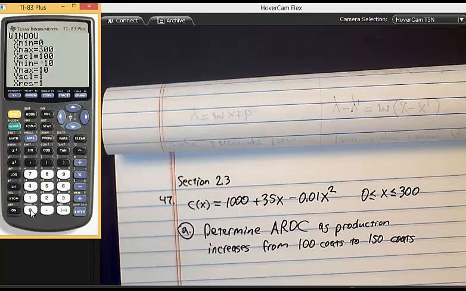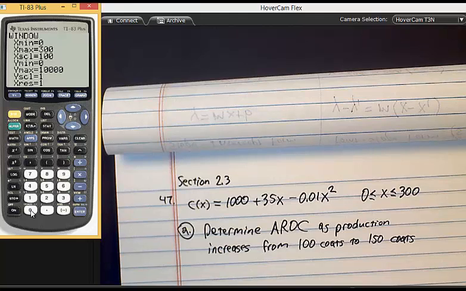Well, I'm going to put down 0 for Y-min, even though I know what my startup costs are. 1,000. And now you're kind of guessing. How many thousands do you think it's going to be? Well, it's 35 a coat. You figure every 3 coats is like $100. And we can make 300 coats. Why don't I put 10,000 for my Y-max?